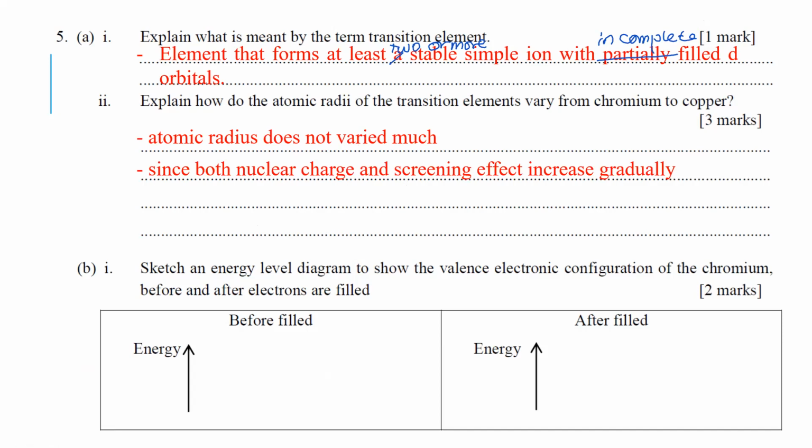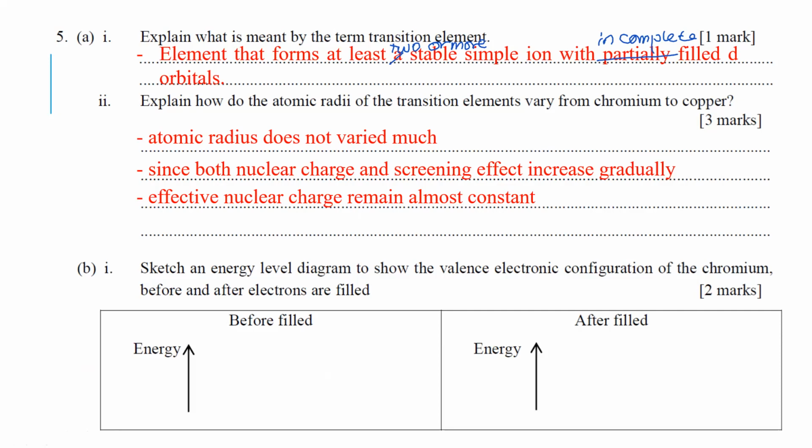The inner 3d orbitals filled with electrons increase the screening effect. As the nuclear charge and screening effect increase, they cancel each other off. As a result, the effective nuclear charge remains almost constant. That is why the atomic radius does not vary much. So those are the 3 keywords of how you explain why the atomic radius of the transition elements does not vary much.